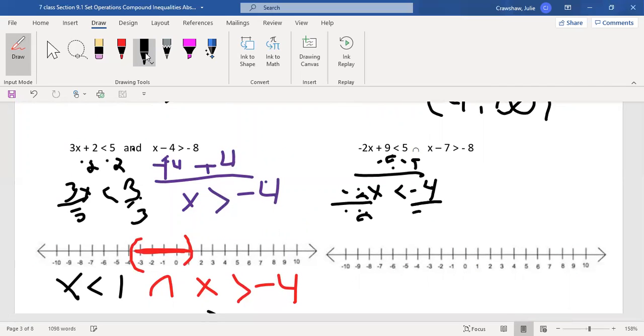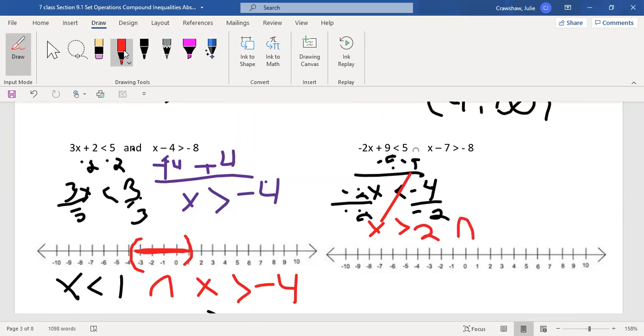When you divide by a negative number across an inequality, we're going to have to flip that inequality symbol. So negative 2 divided by negative 2 becomes a positive 1. But now I no longer have a less than, I have a greater than. Negative 4 divided by negative 2 is a positive 2. So my first inequality is x is greater than 2.